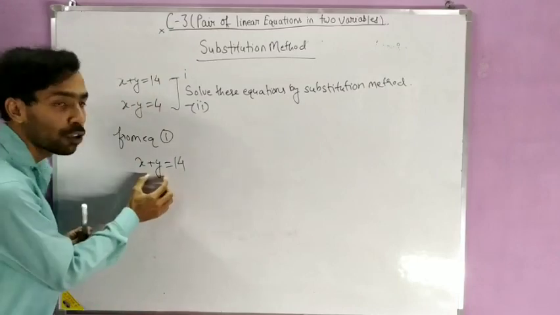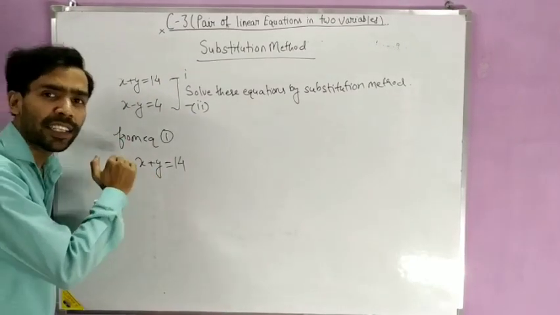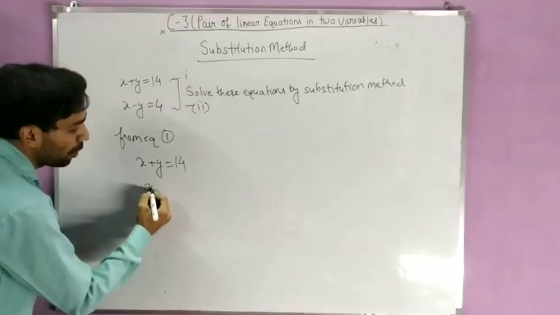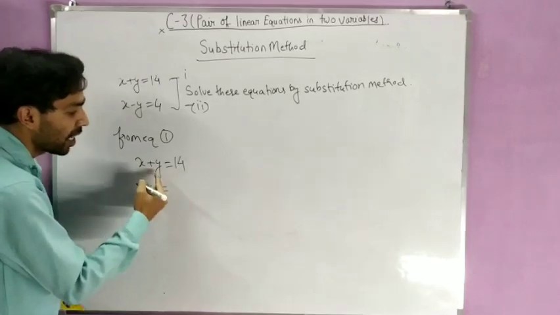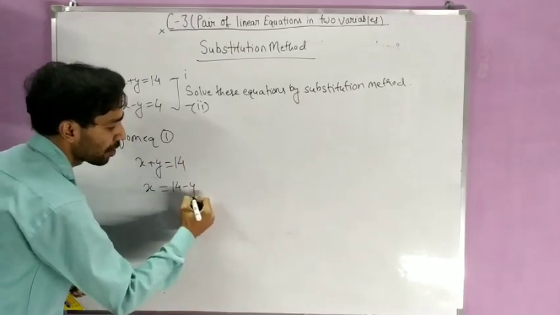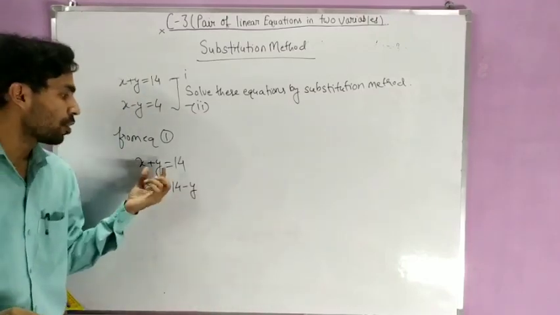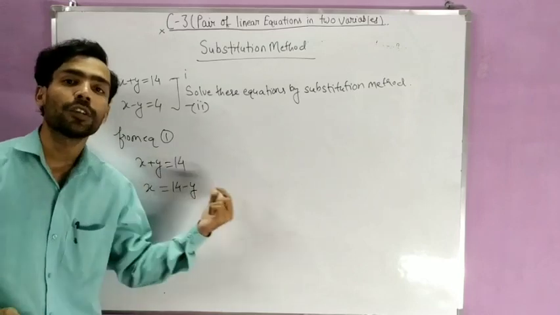Suppose I have to take out the value of x. Suppose you have to take out the value of either x or y. So what I am doing: x is here and I am transferring y to this side. So it will become 14 minus y. Equation number 1 was x plus y equal to 14.